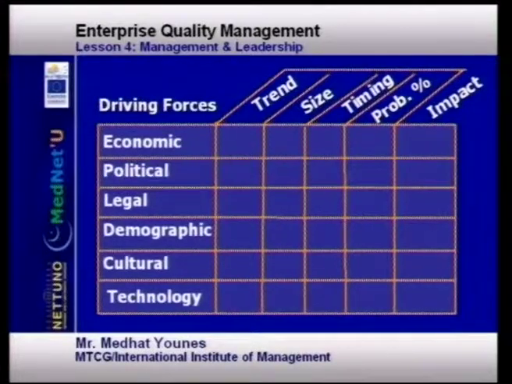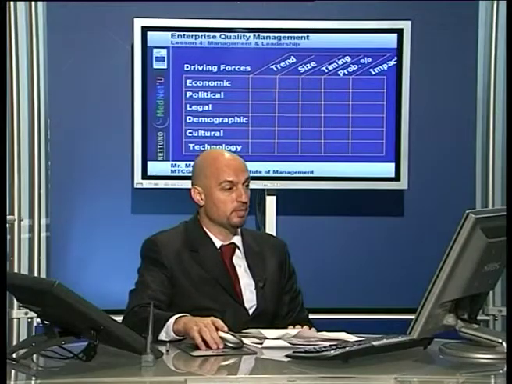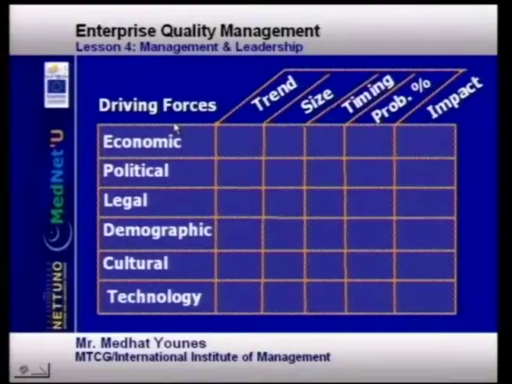Let's take a look at an example of the environmental trend analysis tool used for managerial decision making. This tool is also used for opportunity and risk management analysis. The tool tabulates the 6 driving forces that are normally considered in strategy decision making, and they are mapped against 5 decision parameters.